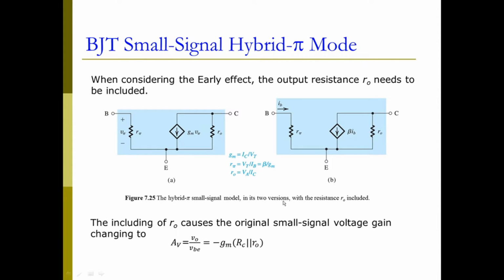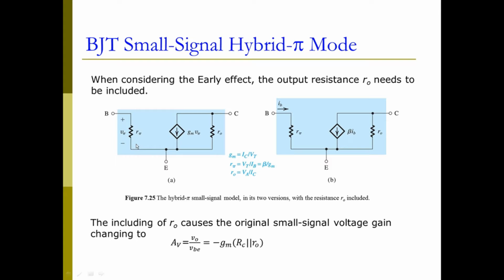If we consider the early effect, remember, it will give us some kind of output impedance. Now this output impedance will be in parallel with our amplifier. So we just put this in parallel with our amplifier, and this will give us the modified hybrid pi model with the output impedance considered.